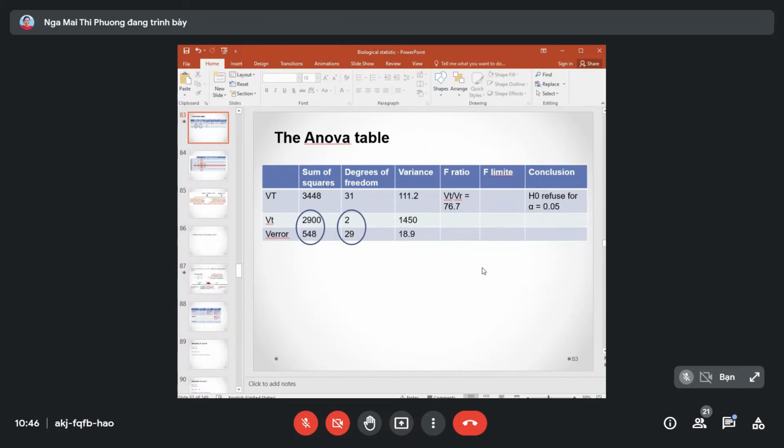So you see in the ANOVA table I showed you before, you have the sum of square and degree of freedom of variance treatment and variance of total and variance of error. So what is the relationship here? Do you see any link?